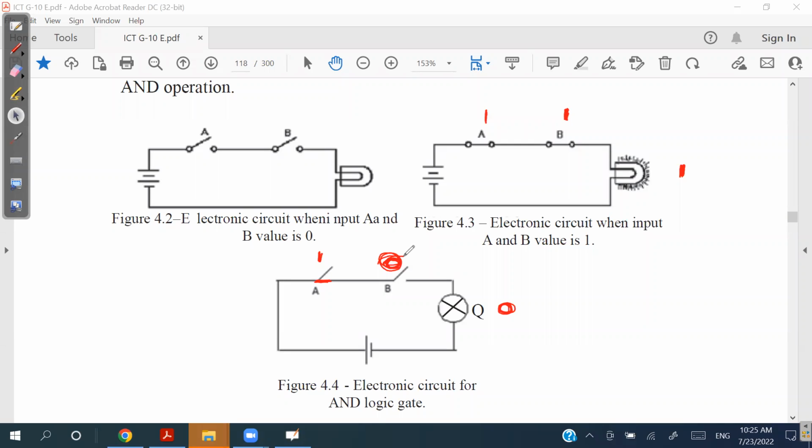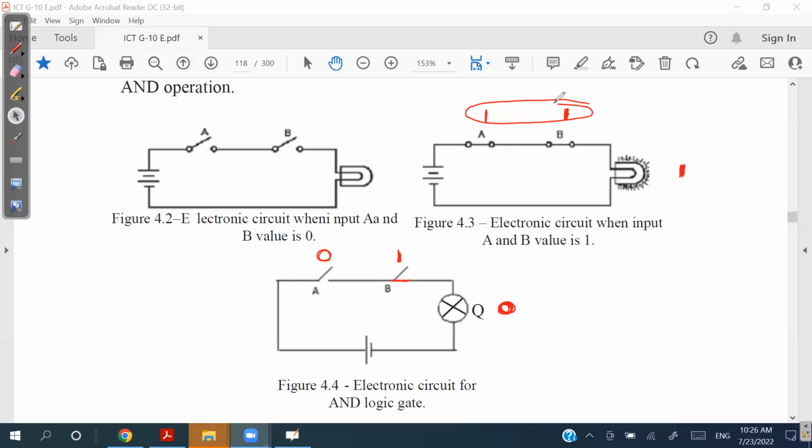The same goes the other way around as well. If you close B, that means this becomes 1. If we keep this open, still the bulb is not going to light, right? So it will light up only in the scenario where both the switches are closed.